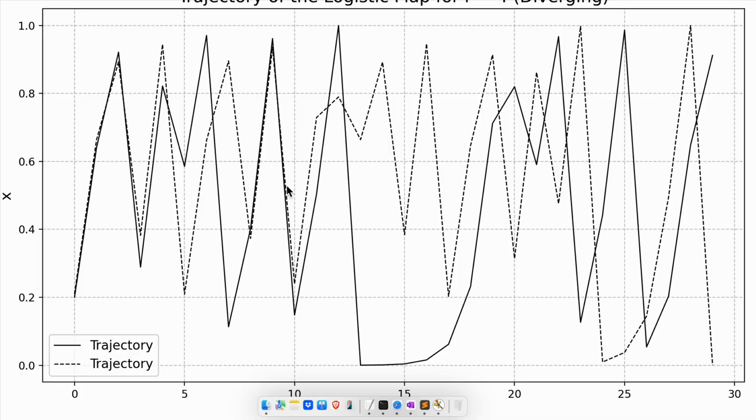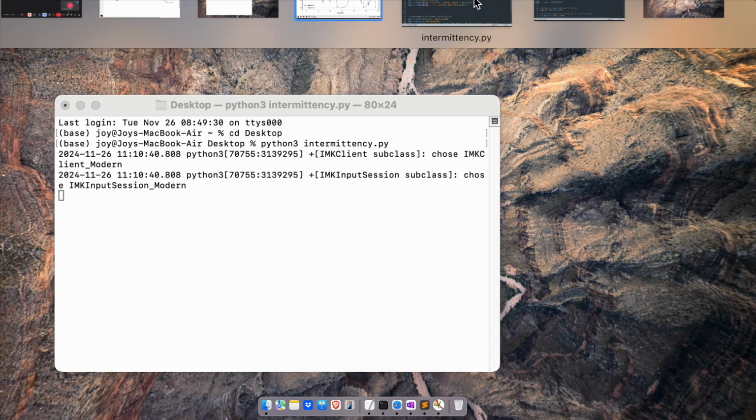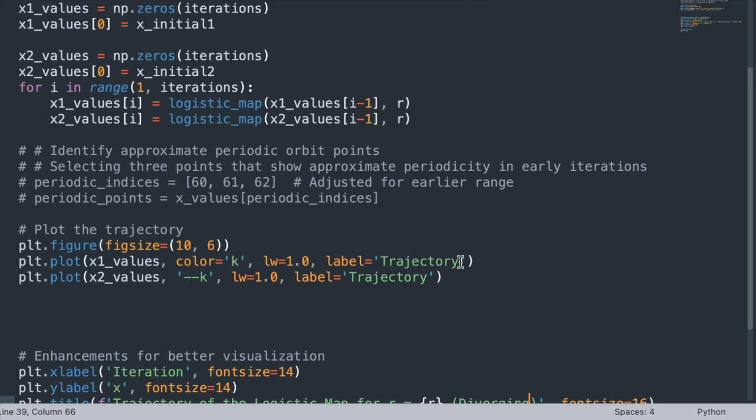At the beginning they remain very close to each other. Let me label them trajectory 1 and trajectory 2.